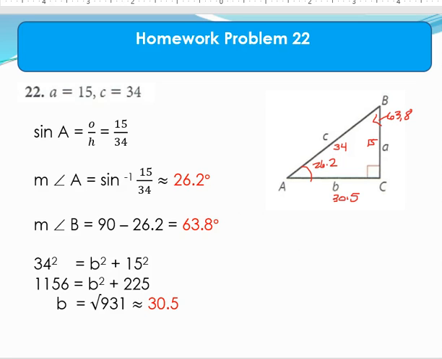And when you solve for these, you can see visually that the short leg is about half of the long leg, and there you have it. 15 is half of 30, and the hypotenuse will always be the longest side. If your longest side ends up being not the hypotenuse, but one of these side legs, then something's wrong in your equation. So there it is.